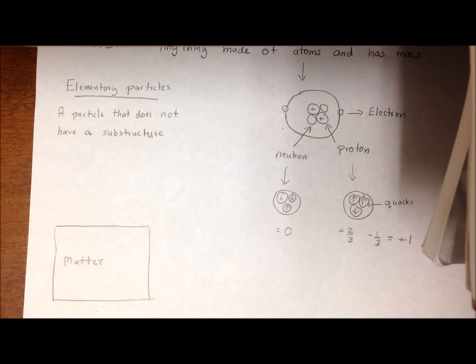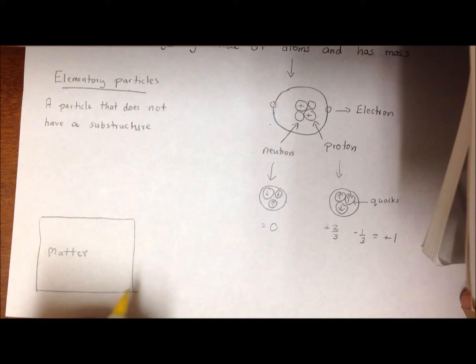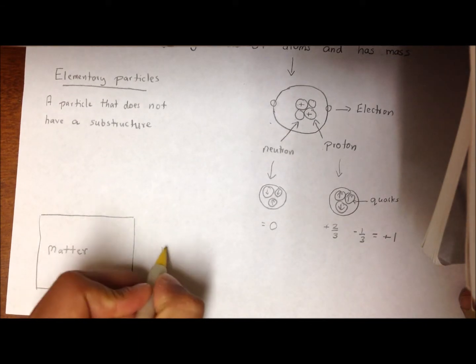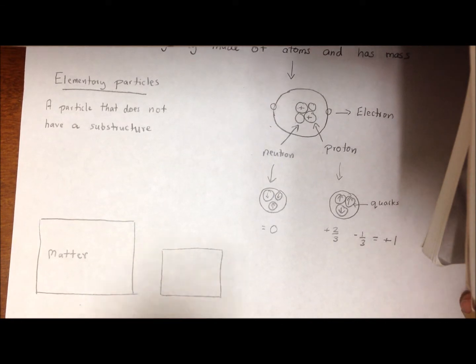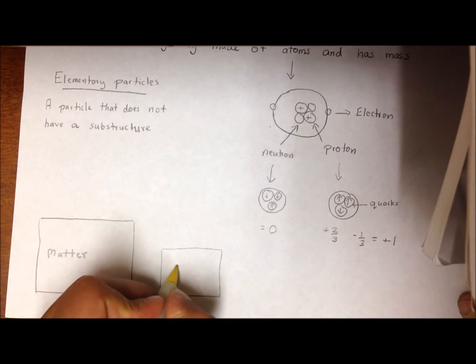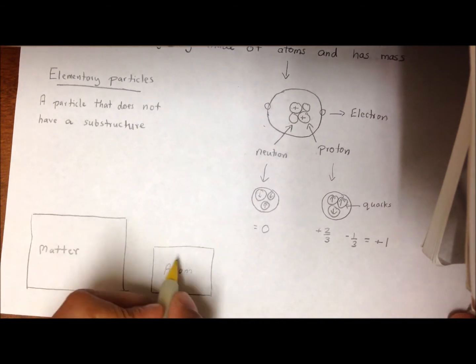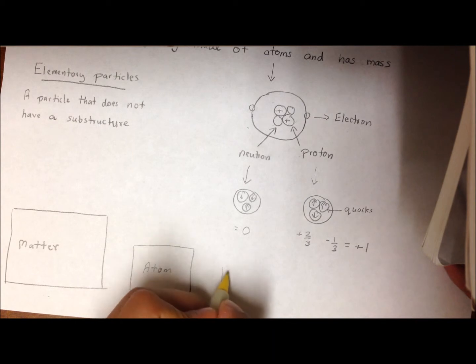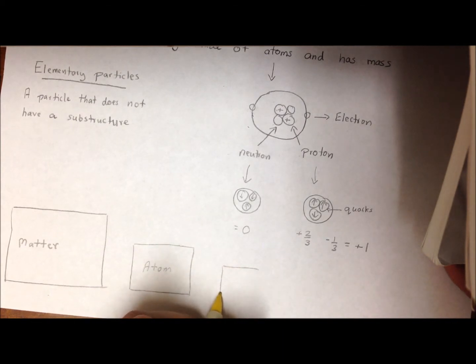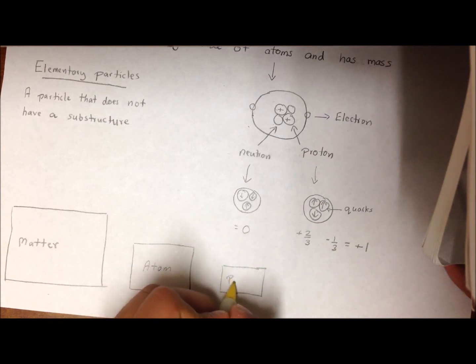And when you open up this box, you're disappointed to find that there's another box inside of it. We'll call this box an atom. Then you open up this box again, and what you find is there's another smaller box inside of it. And we'll call that a proton.